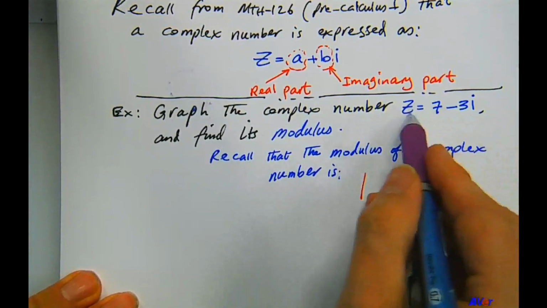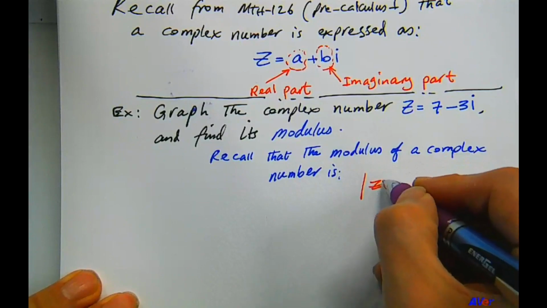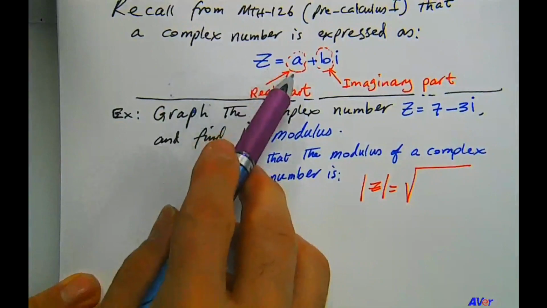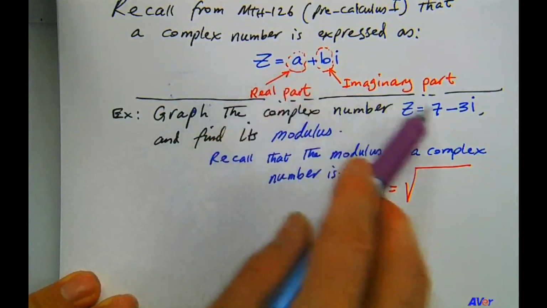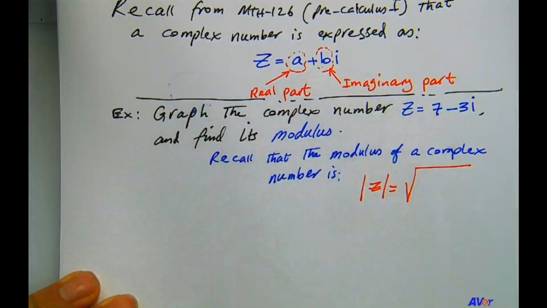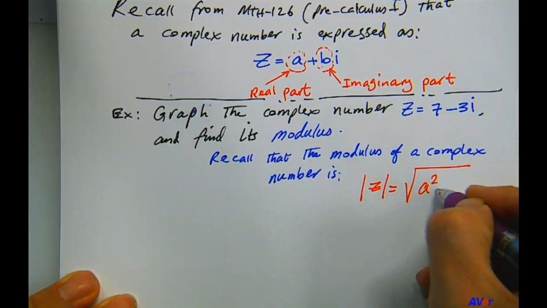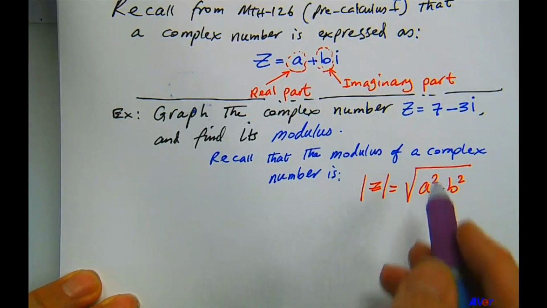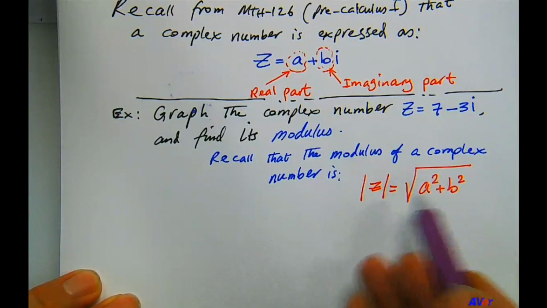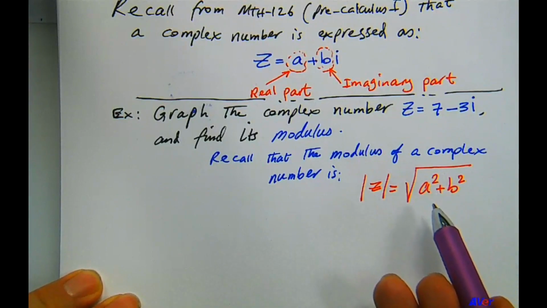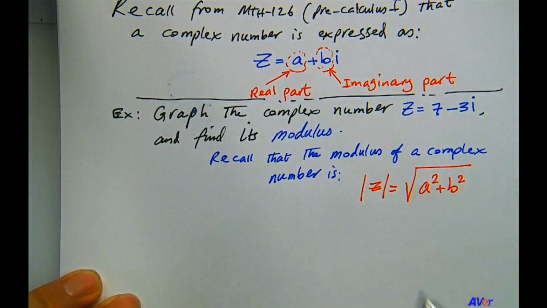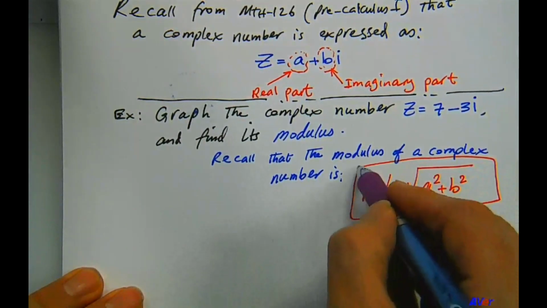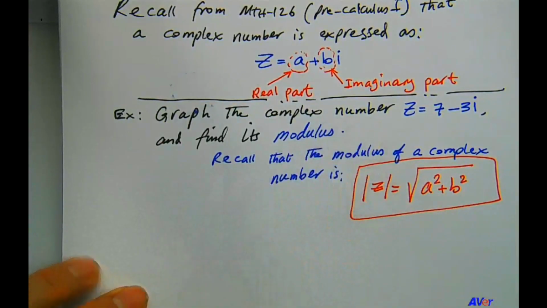If we have z equals a plus bi, then the absolute value of z equals the square root of a squared plus b squared. In this case, a is 7, b is minus 3. If you think this looks like the Pythagorean theorem, you're right, but in a few minutes, you'll see why. So that's how we calculate the modulus of a complex number.